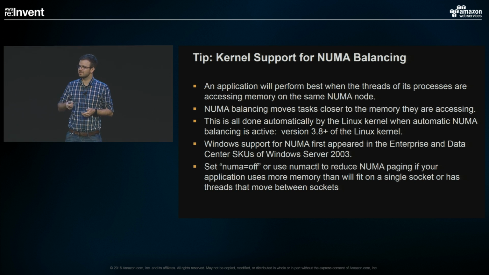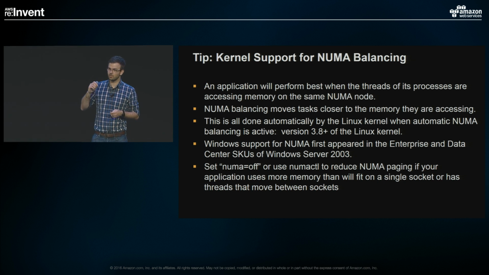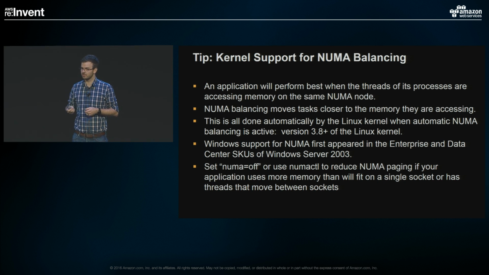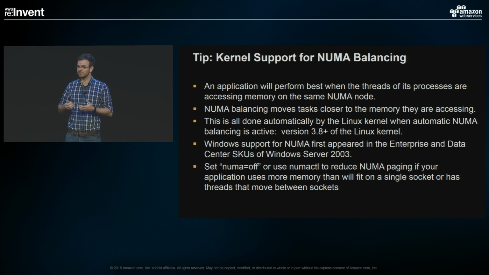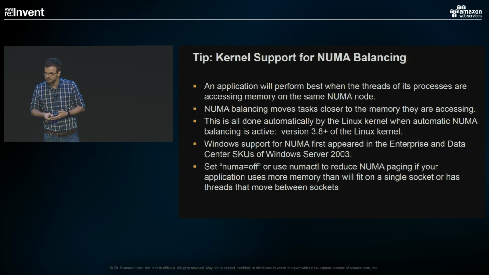On Linux, it wasn't until around the 3.8 kernel that it started to take NUMA into consideration. So with that addition to the scheduler, it's actually going to be moving processes closer to the memory that they're accessing, and also moving memory closer to the processes.